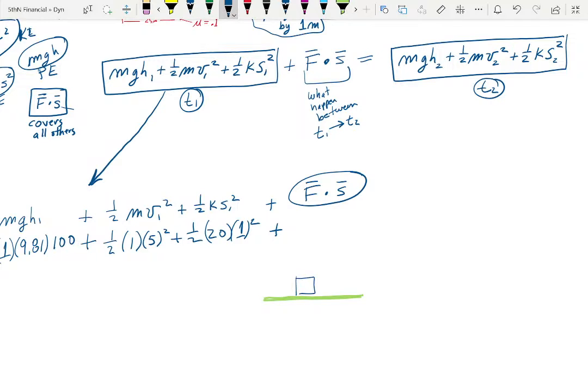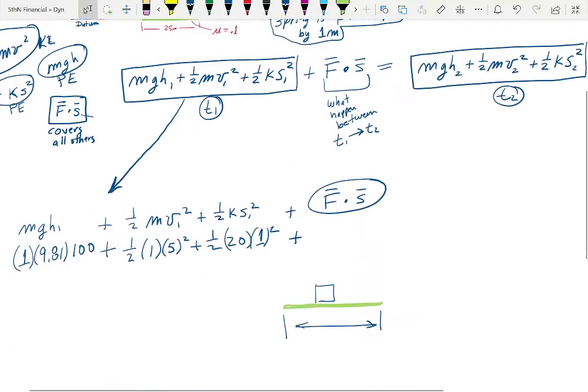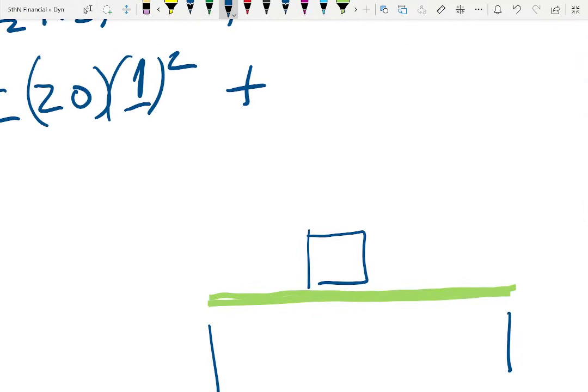As it goes across here, how far did it go? I'm going to zoom in on this in a second. It went 25 meters. But as it's going, this block is sliding down here to the right. So its velocity is this direction.